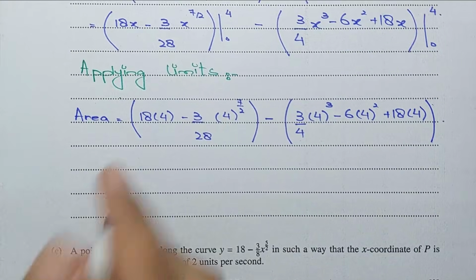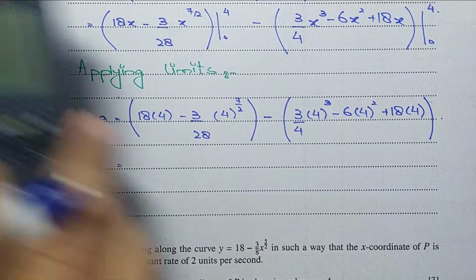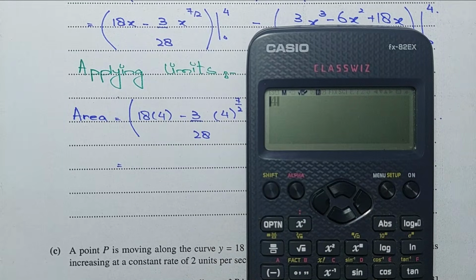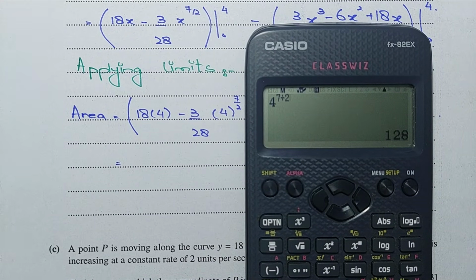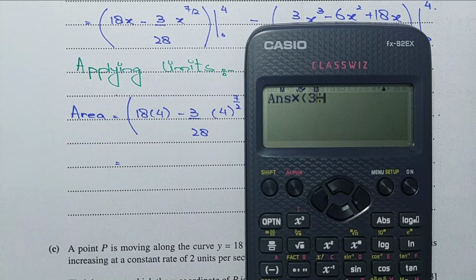Right? Okay. Simplify this. We have 4 to the power 7 by 2. Multiply it by 3 over 28, and times by negative 1. So minus 96 over 7. Right? Okay.